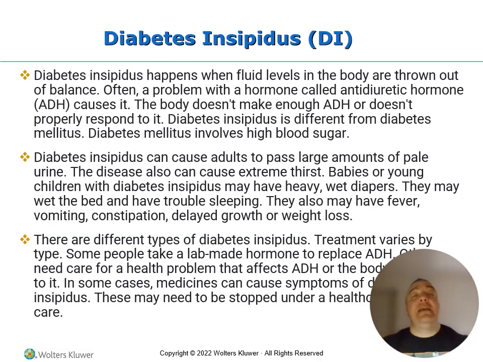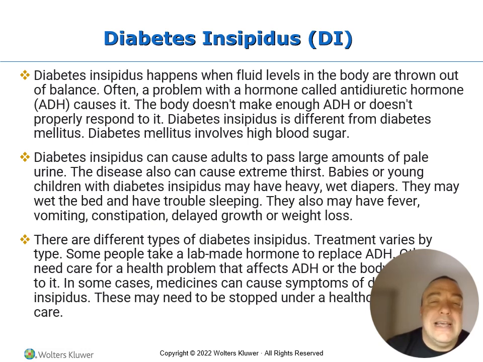Okay, and then this one, I added these two slides in here because diabetes insipidus is not necessarily a diabetic thing, but it is. So this is an ADH issue, right?